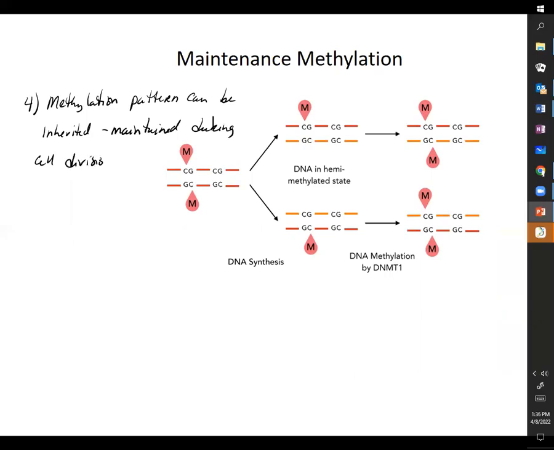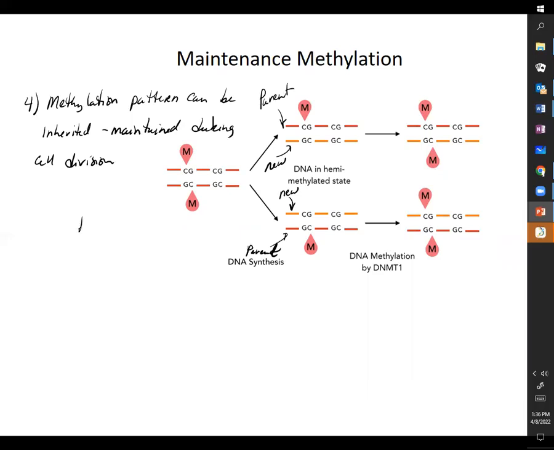Well, let's think about it. What happens during cell division? Well, the DNA has to replicate. Here's our parent strands, they separate, so parent. Here's our newly synthesized strand. Now this does not have methylation on it right now, right? Parent with the methylation. Here's a new strand without it. We call this hemimethylated DNA.